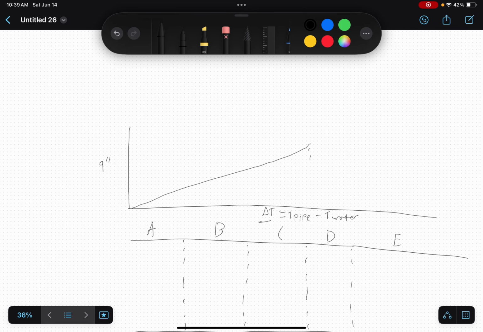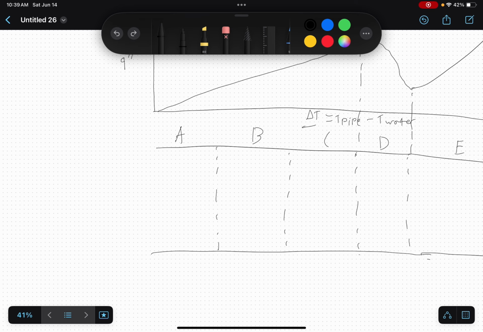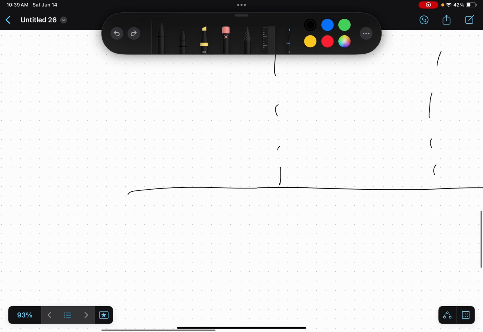So here you've got a very low delta temperature between the wall and the fluid. Let's also say that the T water is less than T sat.